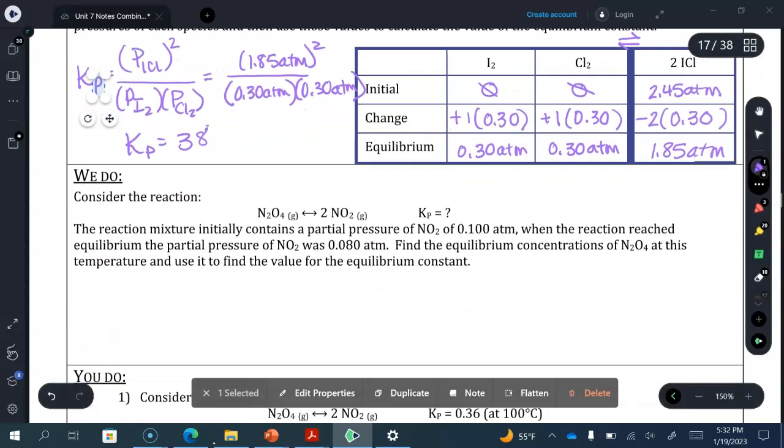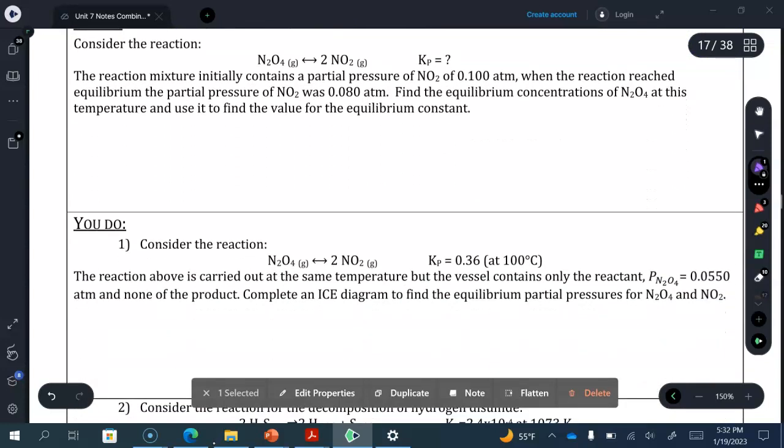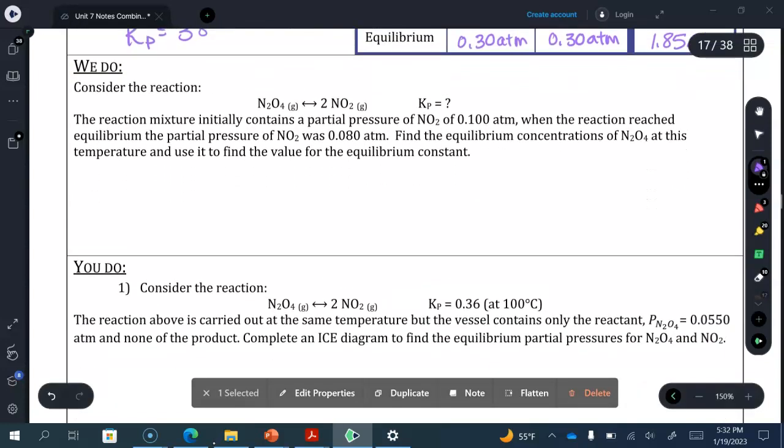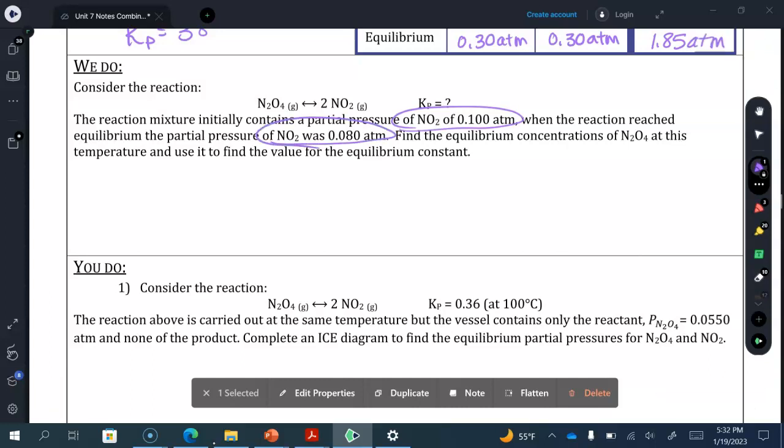Okay, so now we're going to look at the we do. Considering this reaction, the reaction mixture initially contains a partial pressure of nitrogen dioxide of 0.1 atmosphere. When the reaction reaches equilibrium, it is down to 0.008. Find the equilibrium pressure of N2O4 at this temperature and use it to find the equilibrium constant.